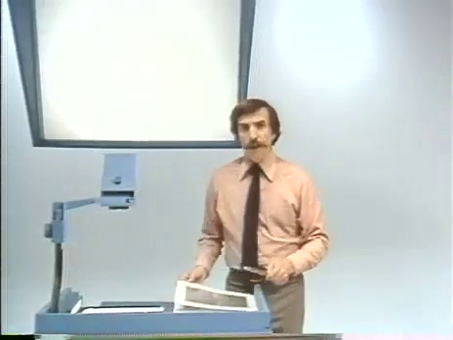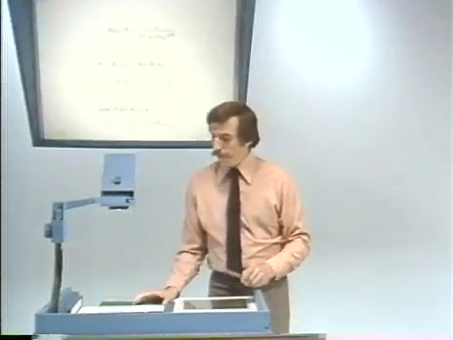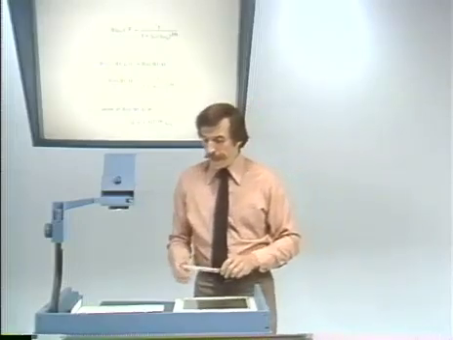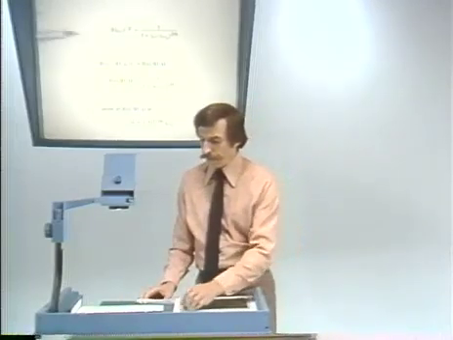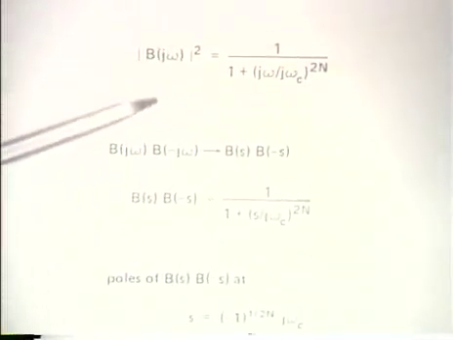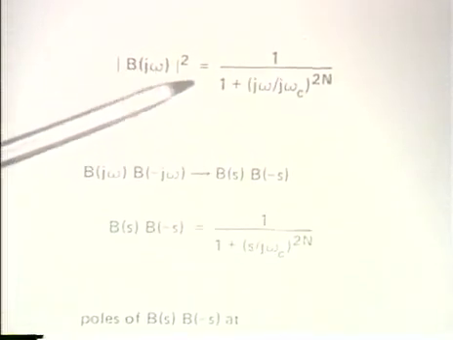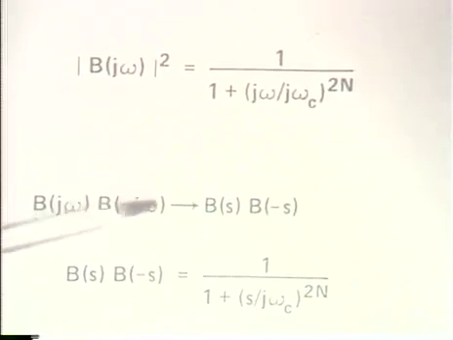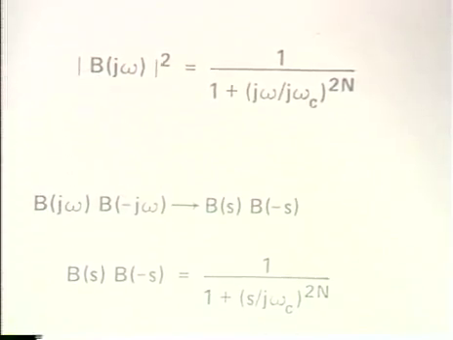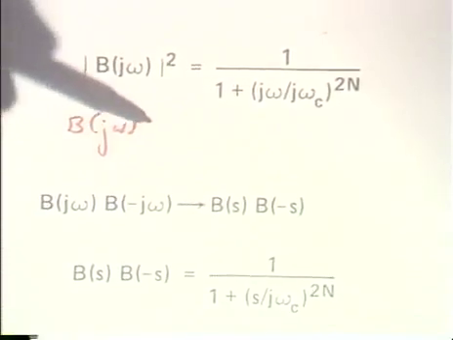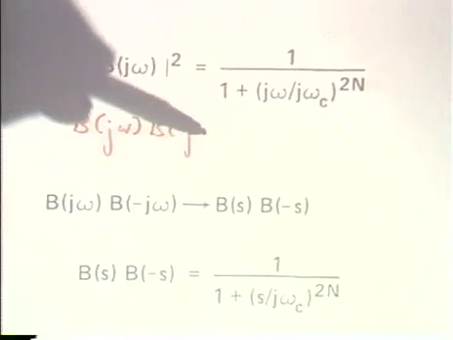Now, in designing Butterworth filters, what we will want to look at is the location of the poles of the system function. We can infer those from our definition of the frequency response for the Butterworth filter. In particular, we have this expression for the magnitude squared of the frequency response, and we recognize that as B of j omega times B of minus j omega.